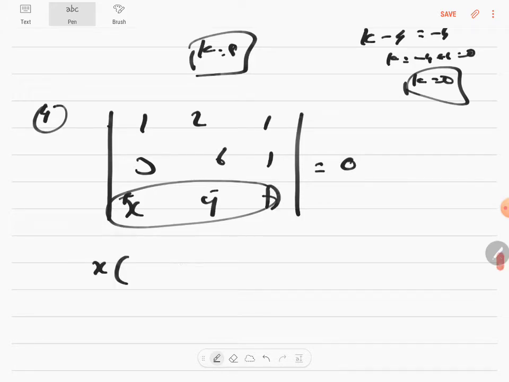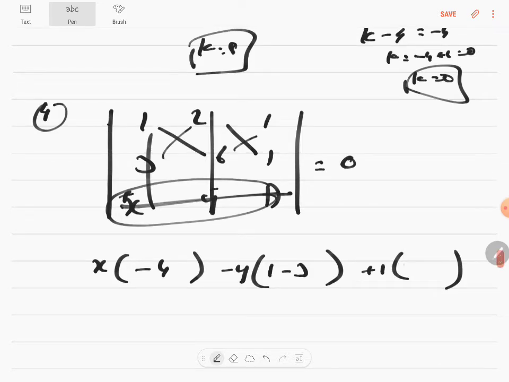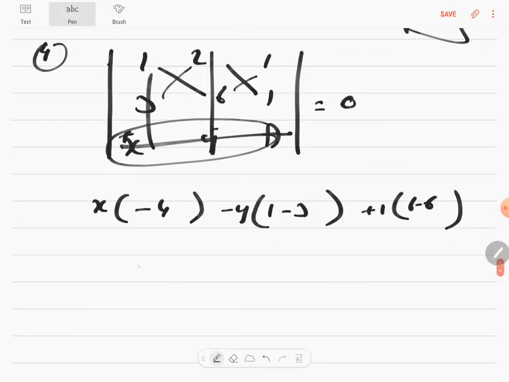Plus x into 2 minus 6 is minus 4, minus y into 1 minus 3, plus 1 into 6 minus 6, so it's minus 4x plus 2y is equal to 0, or 2y is equal to 4x, or y is equal to 2x.